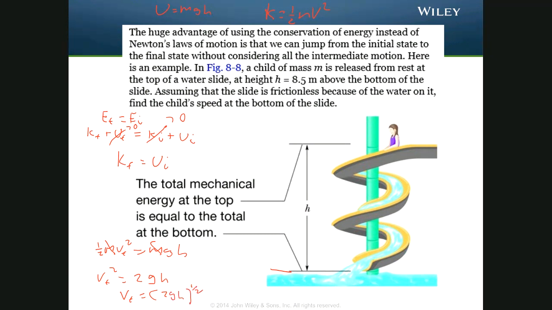Or the square root of 2gh, if you're more comfortable with that. Okay? So if you want to play around with it, you can multiply all that stuff together and take the square root. I'm sure 12.9 or 13 is reasonable. But if it's not, you can argue amongst yourselves.